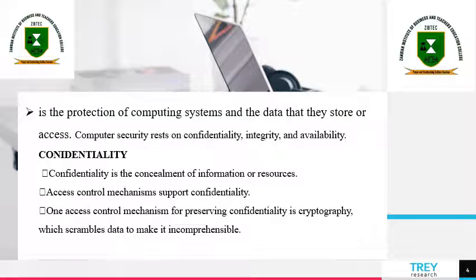So let's try to define what it means, or give an example that can help someone to define what cryptography is. The simple definition we can give is the encrypting of plain text to cipher text. By cipher text we mean text that people cannot understand.